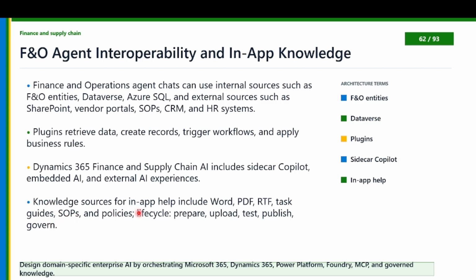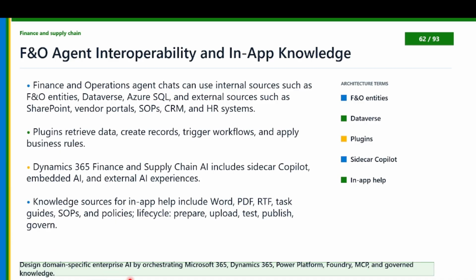Then we have knowledge sources for in-app help, which include Word, PDF, RTF, task guides, SOPs, and policies. And then the life cycle includes prepare, upload, test, publish, and govern. So this is the life cycle of an agentic AI system to be deployed on Dynamics 365 Finance and Supply Chain: prepare the agent, upload the agent, test the agent, publish the agent, and govern the agent.